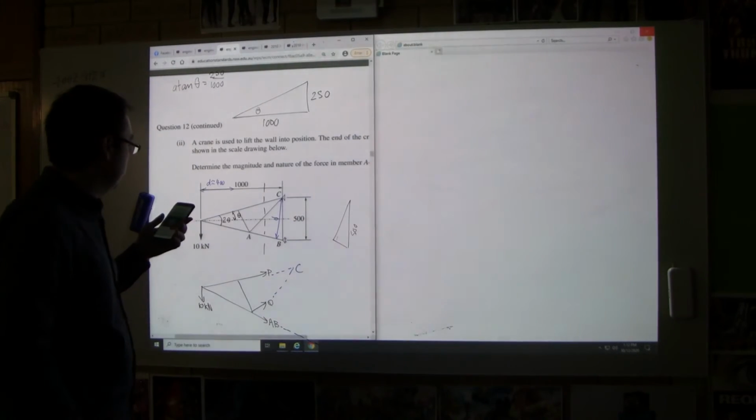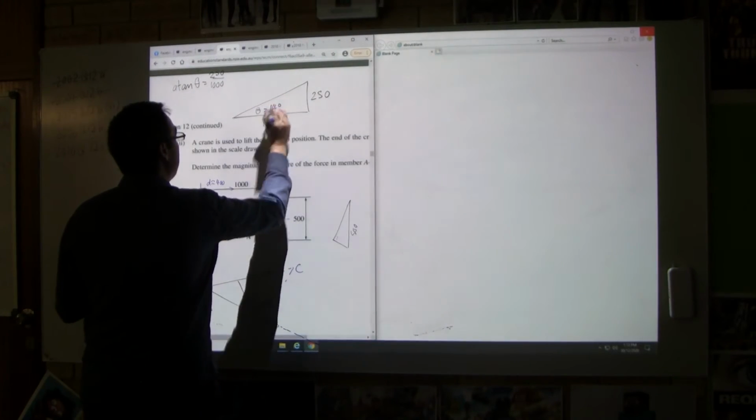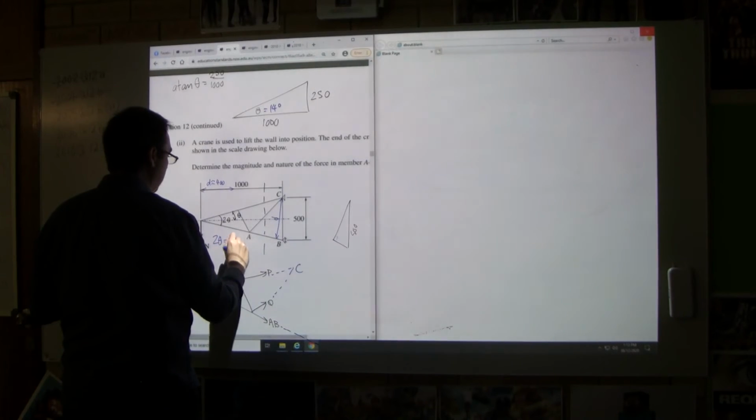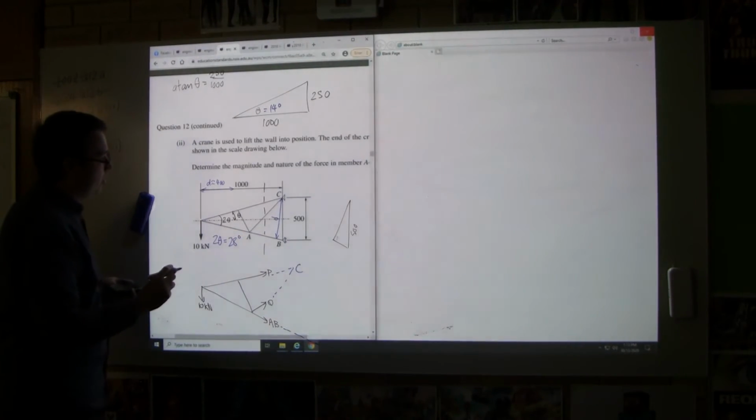Oh, 14 degrees. Yeah, close enough to 14 degrees. That'll do for me. So that means 2 theta is 28 degrees.